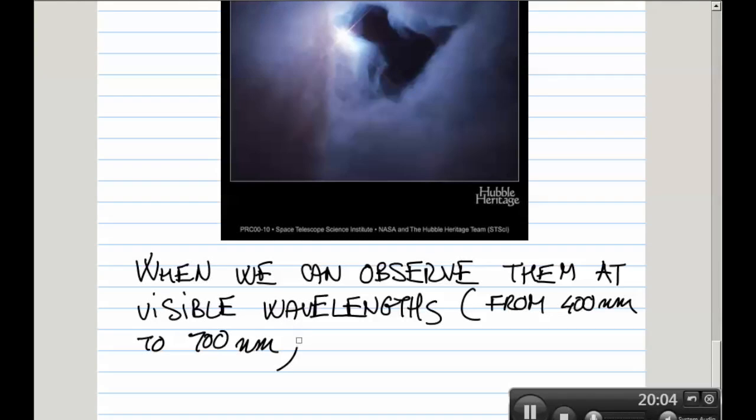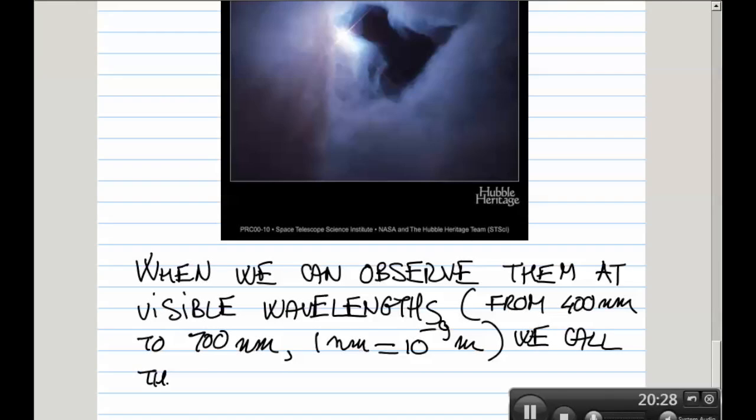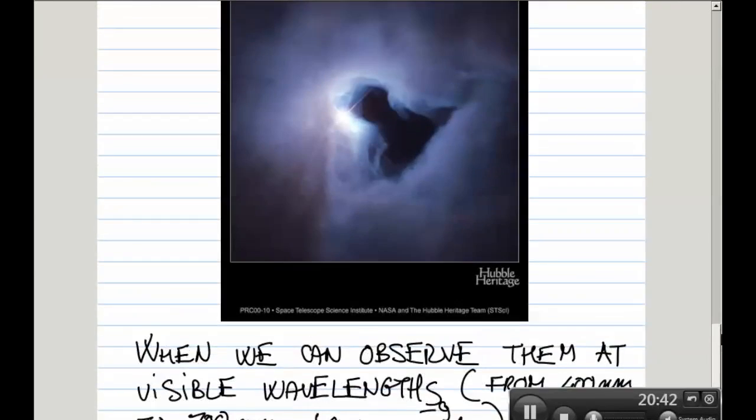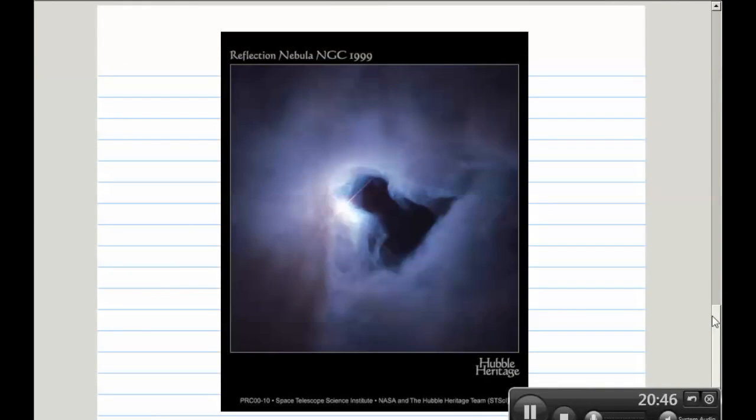By the way, 1 nanometer is 10 to the minus 9 meters. Okay? So when that is possible, we call them nebula. And there are 3 major groups of nebulae. This is just one example. This particular kind is known as a reflection nebula, and it tends to be bluish in color. Okay?